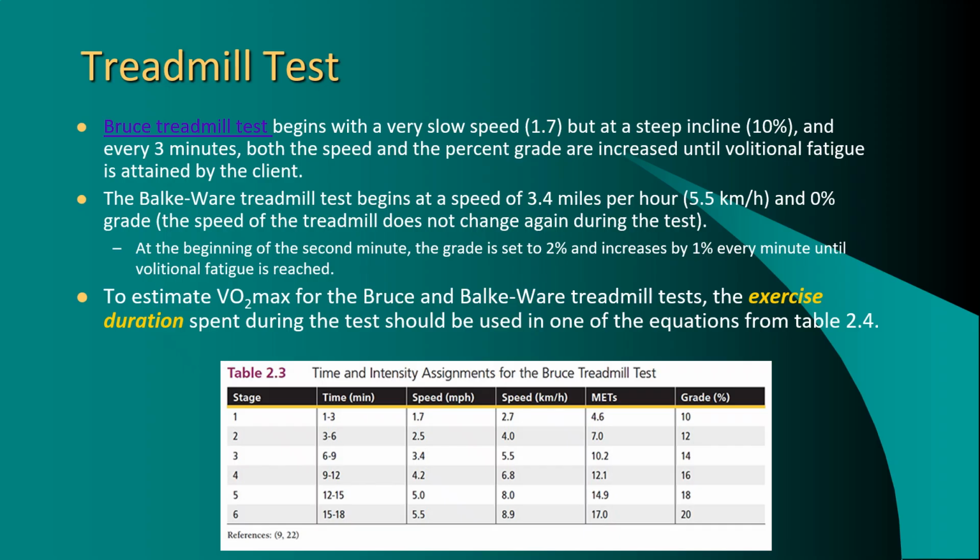I've had clients with peripheral artery disease who, on the treadmill to train, are doing less than 1 mile per hour. So this test would not be a possibility for them at all, so I would have to find something else.